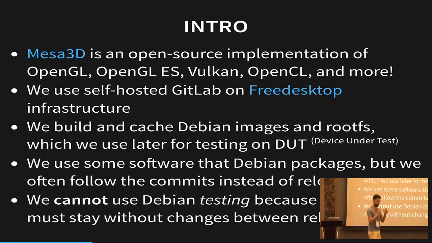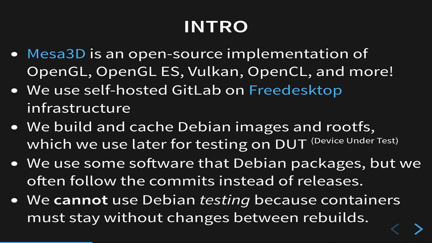But on the other hand, we cannot use Debian testing. We cannot use Debian testing because we are very reliant on the stability of our CI, not in terms of Debian breaking often, but sometimes Debian breaks or fixes some issue which impacts our tests. In one suite, for example, we have something like 1 million tests which run in a timeline of 20 minutes on multiple devices in parallel.